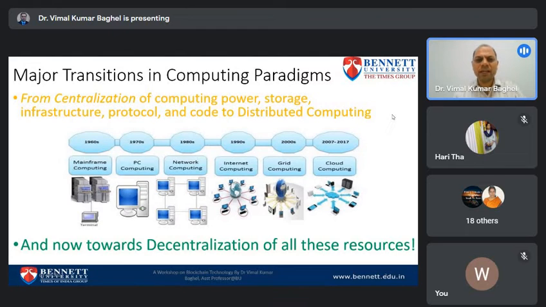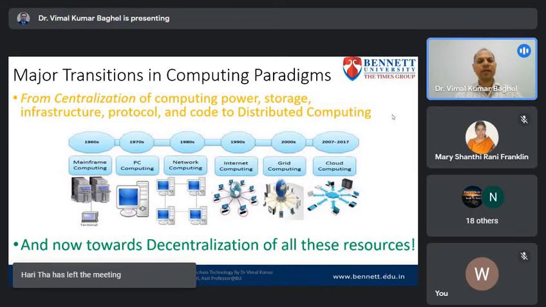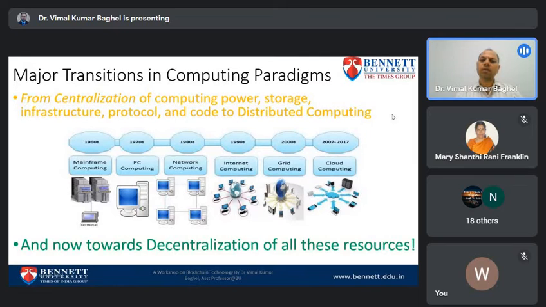In centralized systems, the computing power, storage, infrastructure, protocol, and code were centralized, whether with dumb terminals or even PCs. When personal computers had some storage and some computing power, some of the computing was transferred from the servers to those PCs.